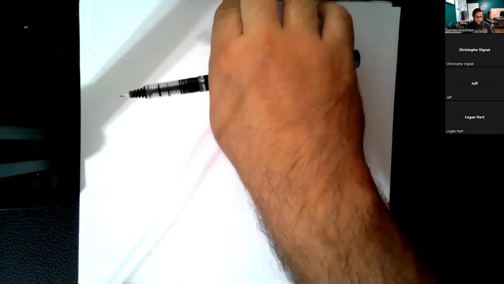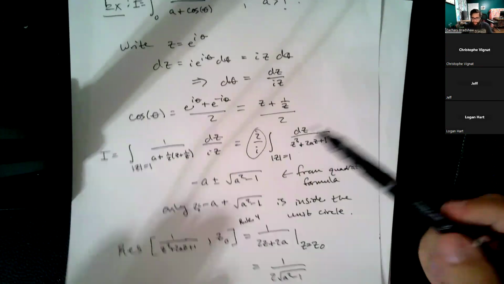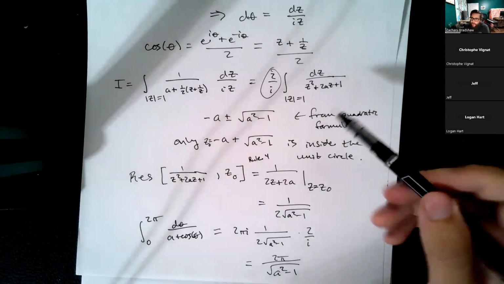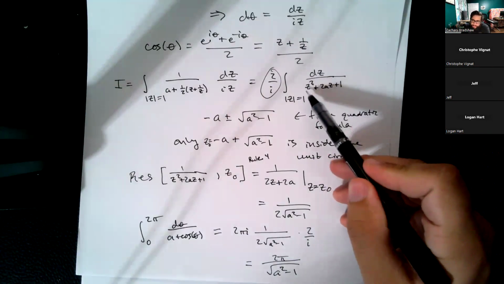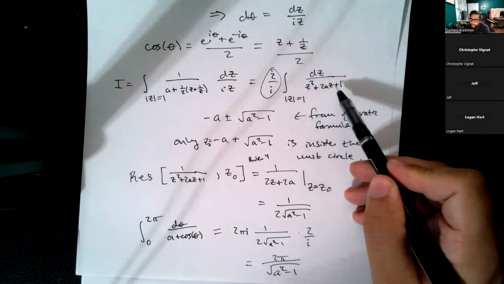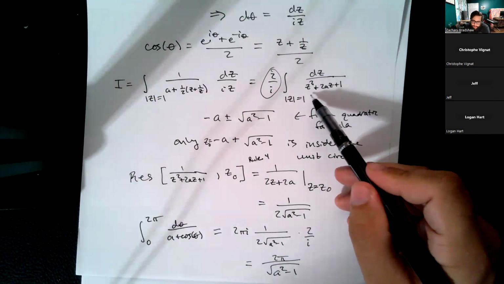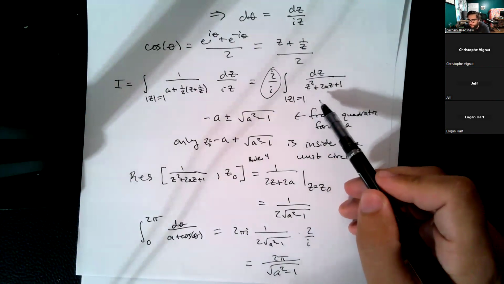Okay, so let me point out something. I wanted to point out that the result of this integral hinged on the fact that we could figure out where the roots of this polynomial are. And one of the oldest problems in algebra is figuring out where the roots are for an arbitrary polynomial.